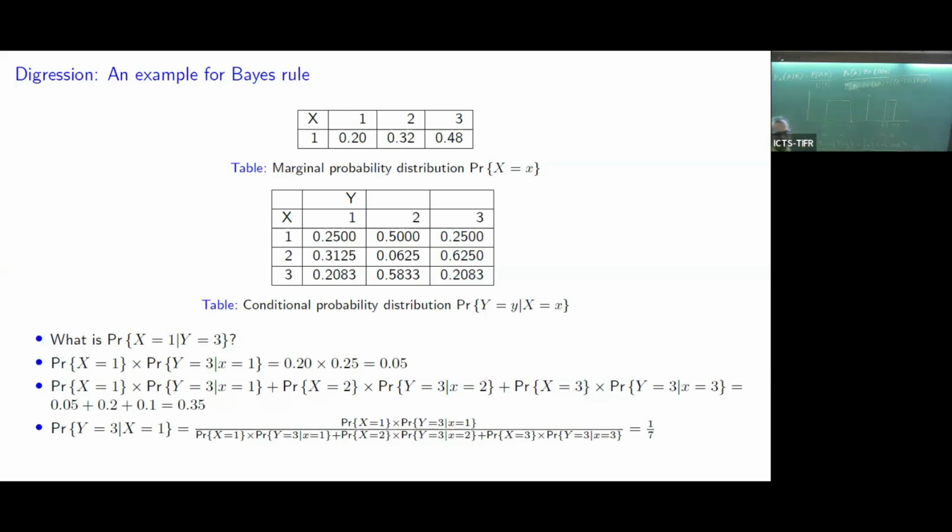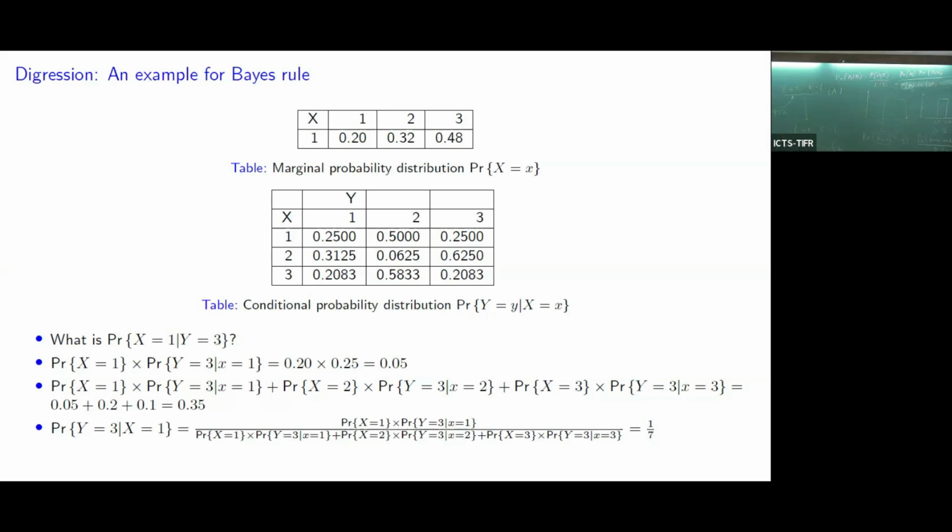And there are versions of this, for example, suppose you start out with some set of disjoint sets Ai, then you can have a version of this rule that looks like this. Here again, you use the total probability rule to write down probability of B in the denominator. So this is the general version.